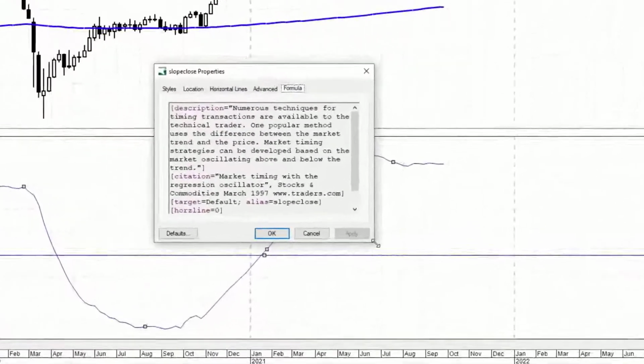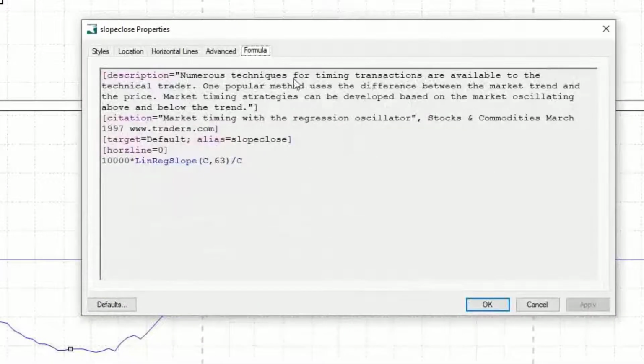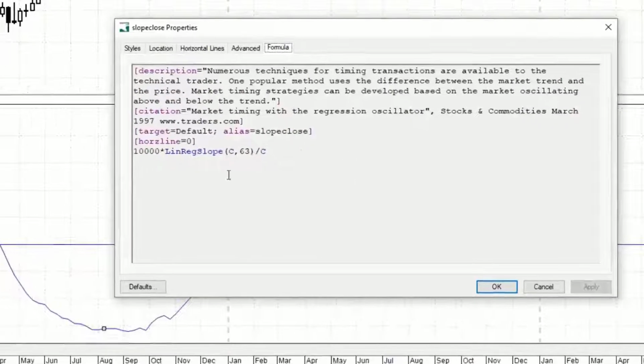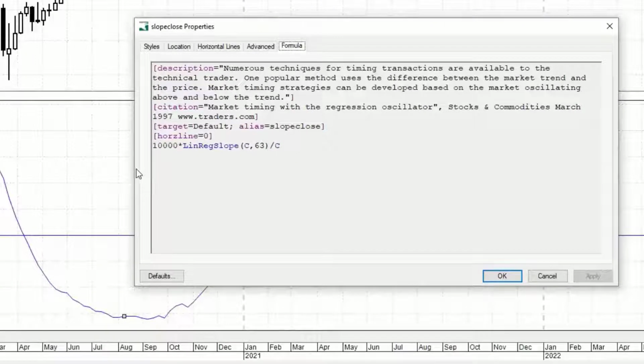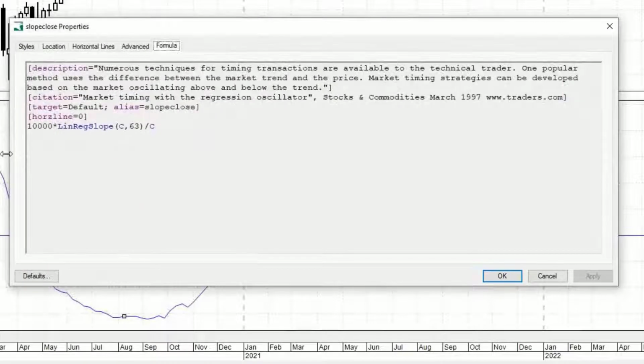It's not foolproof, but it does give you a bit of an indication. It's using linear regression. I didn't realise that. That's from Stocks and Commodities magazine, March 97.